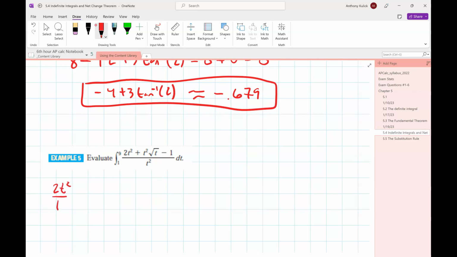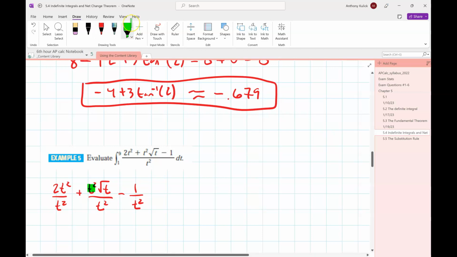I'm going to write it as 3 fractions, all with the common denominator. Everybody's good there? And then along the way, I'm going to notice that this is really just t to the 2.5. Everybody's good with that?